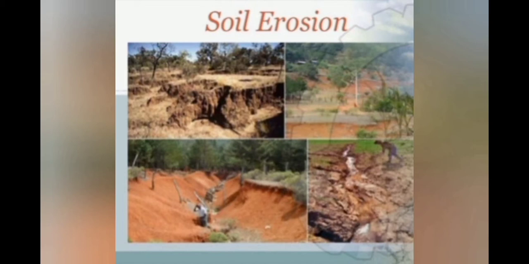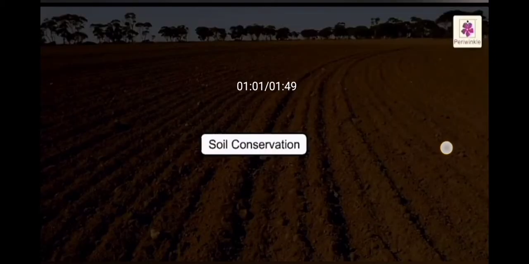We grow more and more plants in the open land, so that will reduce the effect of soil erosion. So the last part, let us see what is soil conservation here. Soil conservation means protecting. Plants get most of their nutrients from the topsoil. Isn't it, children?